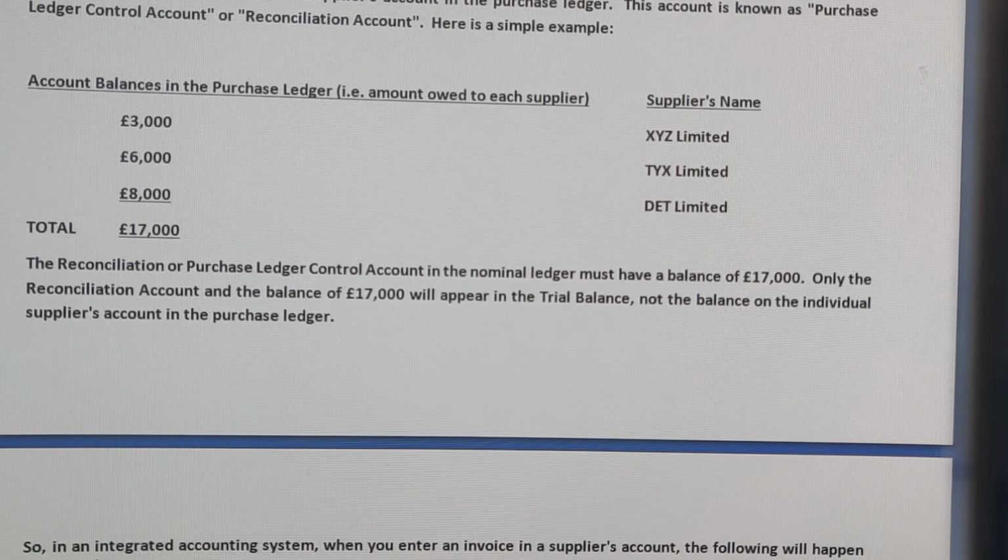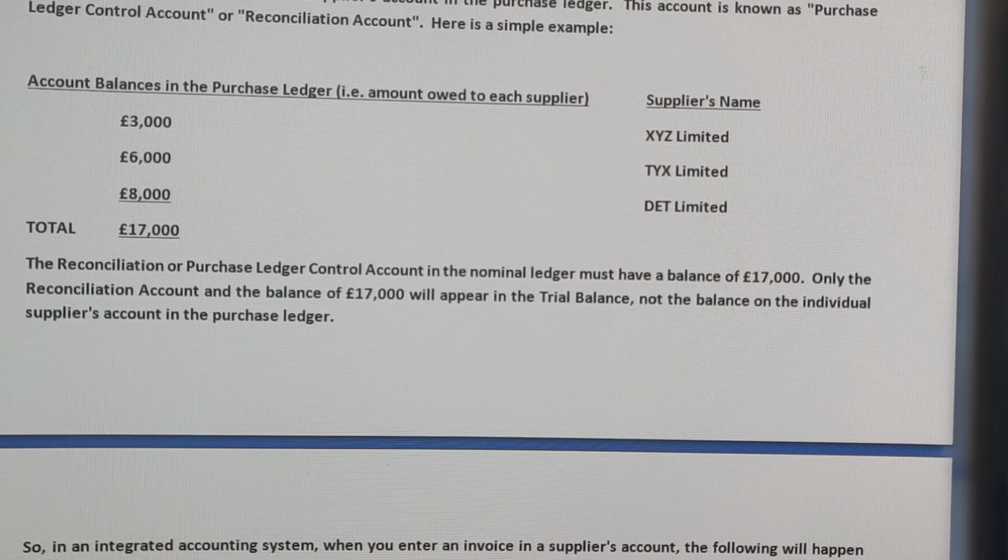So, in total, you owe all of them £17,000. Now, the reconciliation or purchase ledger control account in the nominal ledger must have a balance of £17,000. So, the two accounts, the nominal ledger and the purchase ledger, must agree.